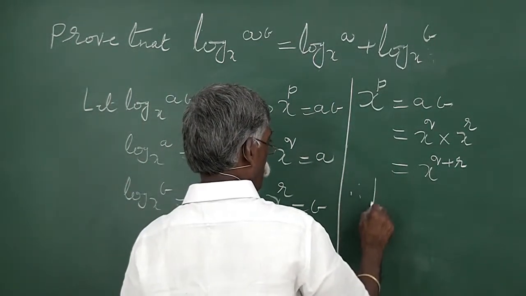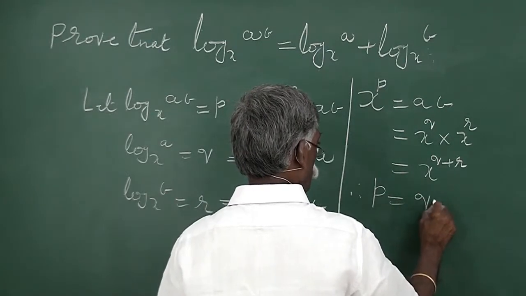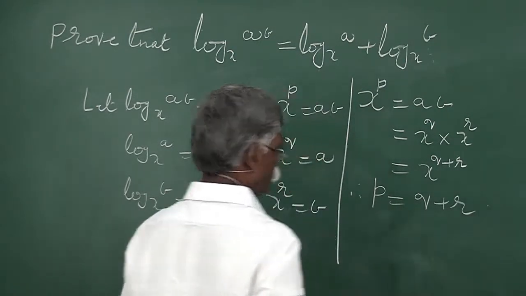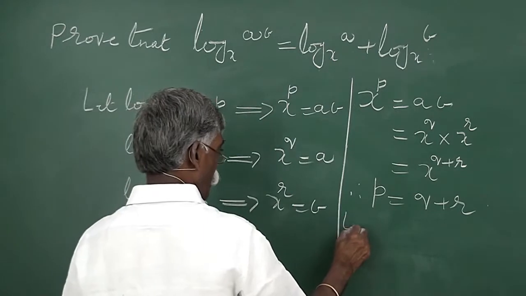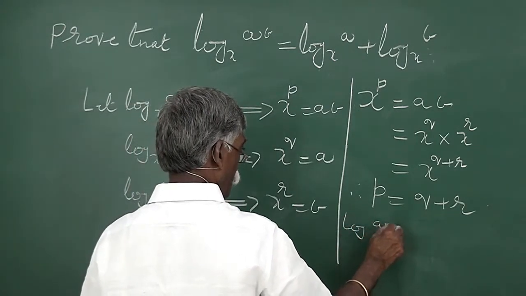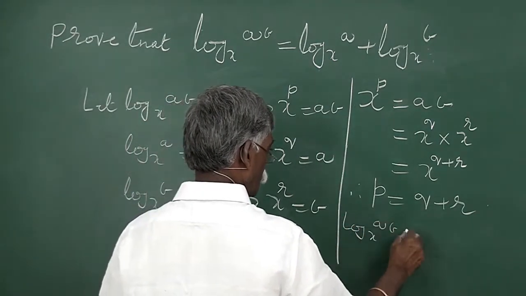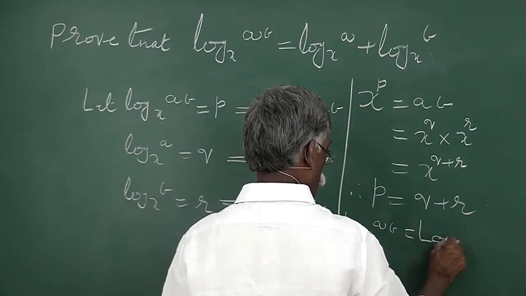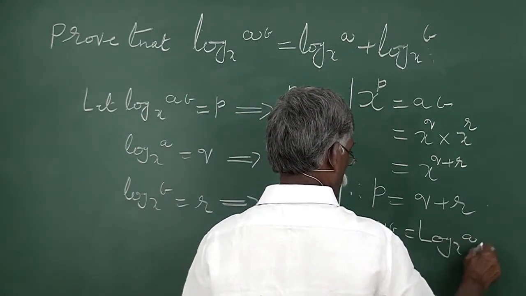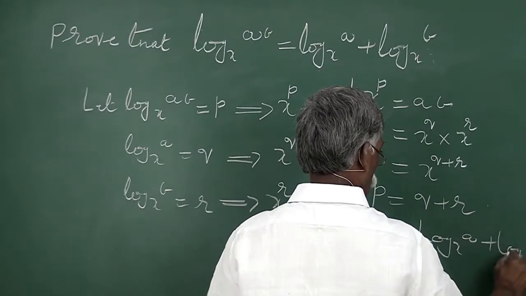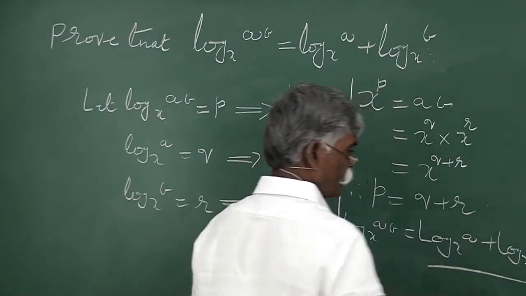Therefore, P is equal to Q plus R. That is logarithm of AB to the base x is equal to log A base x plus log B base x.